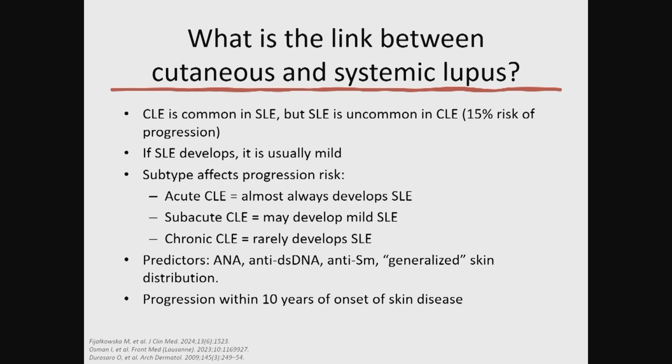Factor one is the subtype. Is it acute, is it subacute, or is it chronic cutaneous lupus? Acute has the highest risk. You can almost guarantee them that they will have SLE. Chronic, on the other hand, which is the most common, is the least likely. It only rarely develops into systemic SLE. And subacute sits somewhere in the middle. So based on the subtype, you can estimate their risk.